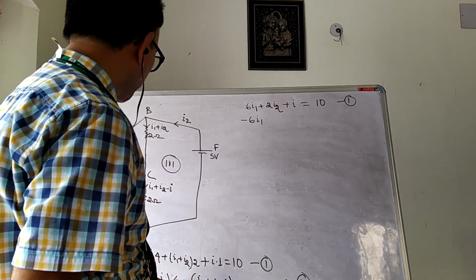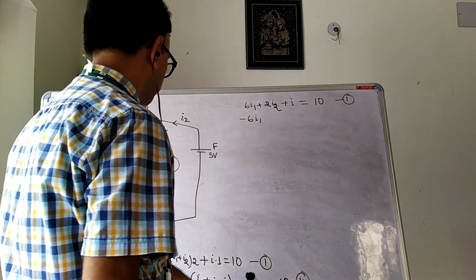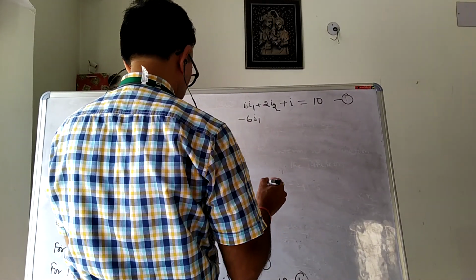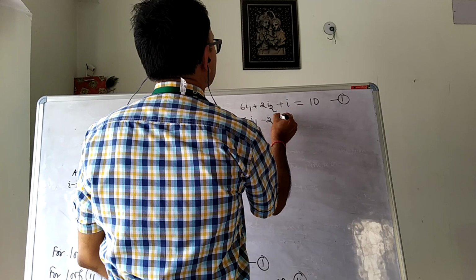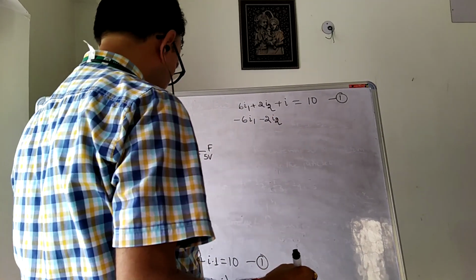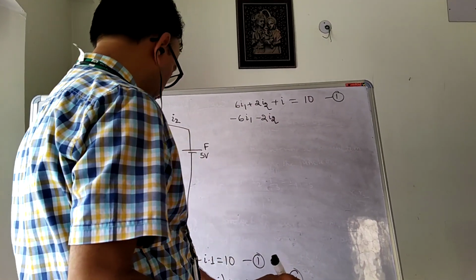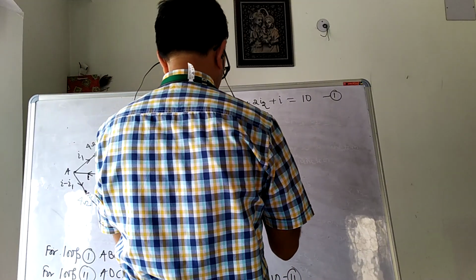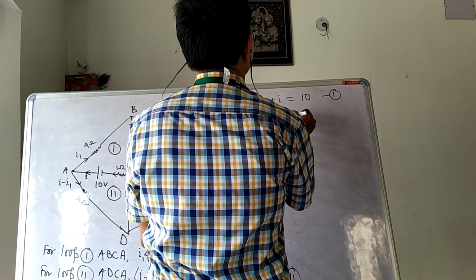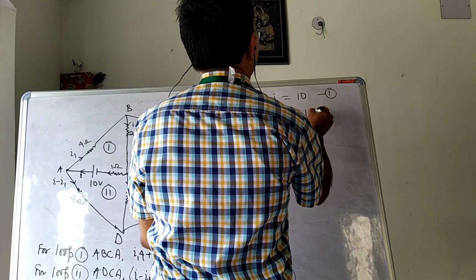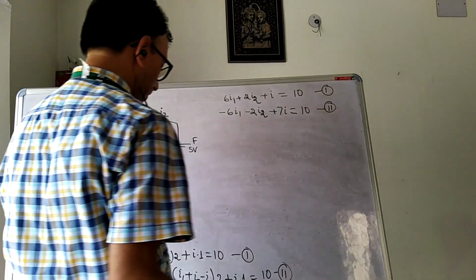And then how many I2? 2 I2 minus 2 I2, so minus 2 I2, and then 4I plus 2I, 6I plus 1, so 7I equals 10. Equation 2.